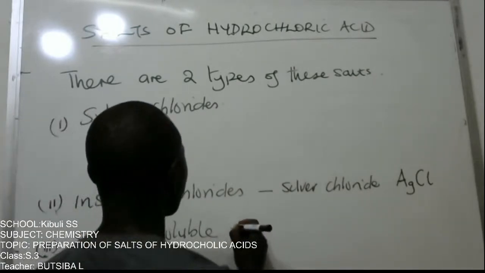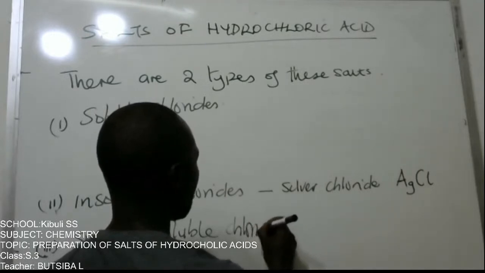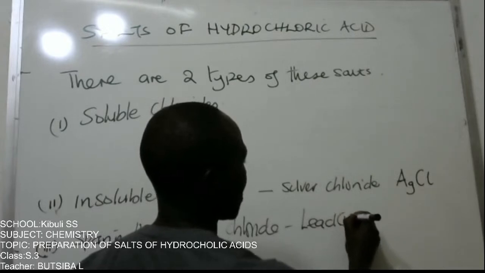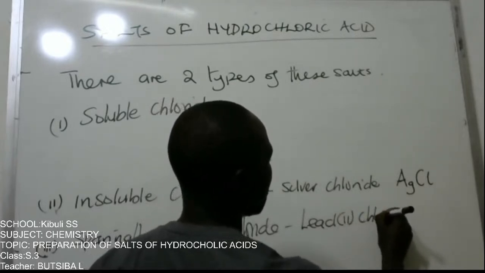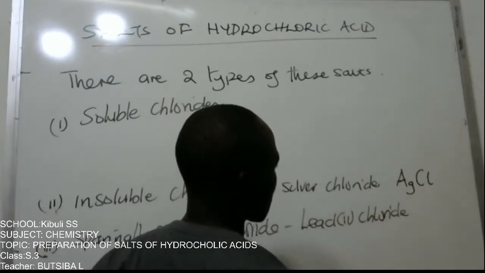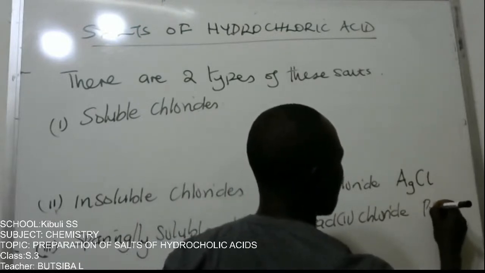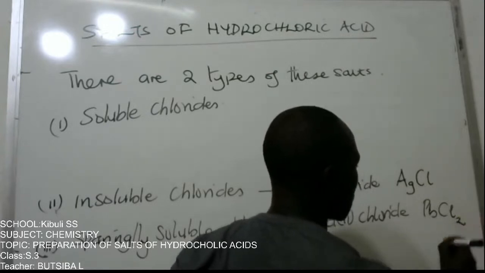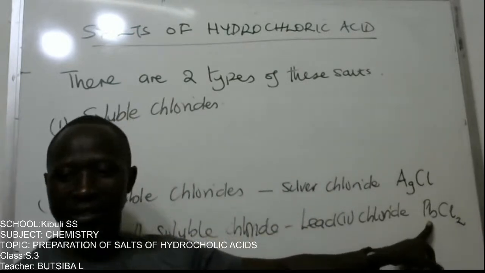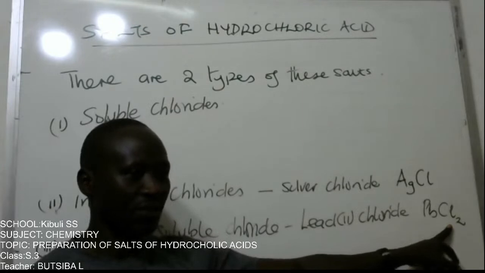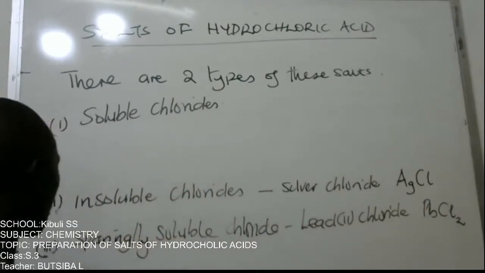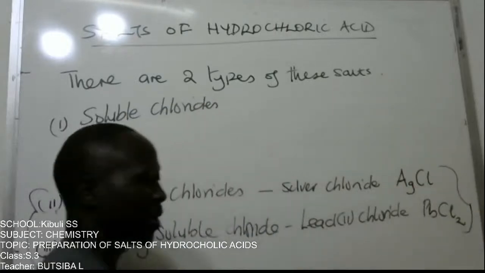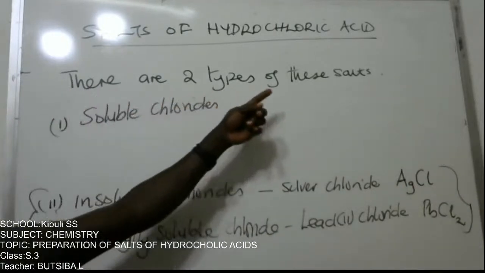This slightly soluble chloride is lead 2 chloride, whose formula is PbCl2, because lead has a valence of 2, chlorine has a valence of 1. When you interchange, you get this. These two, in most cases, we batch together. That's why I'm saying there are two types.